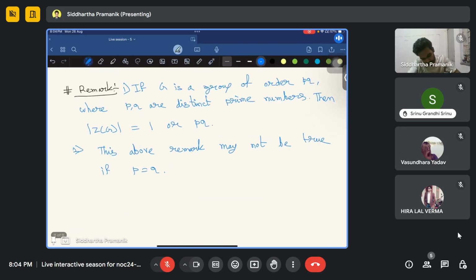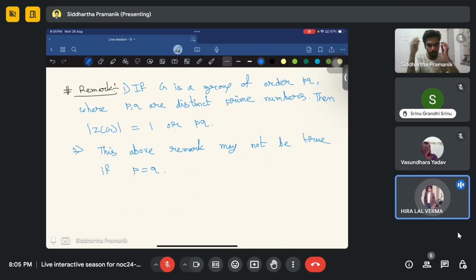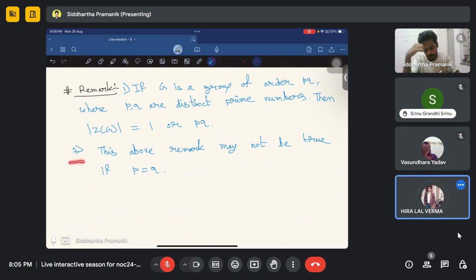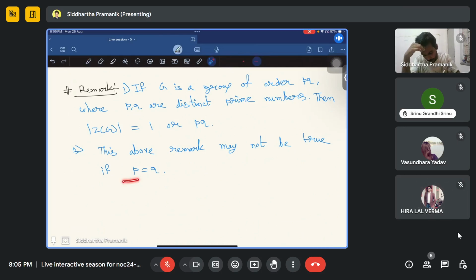This may not be true for a group of order P squared. That is also an interesting case, so you can look for it. I'm saying if it is equal, then this result may not be true.